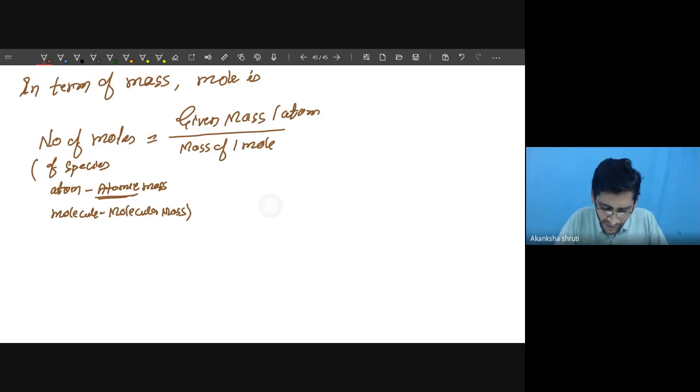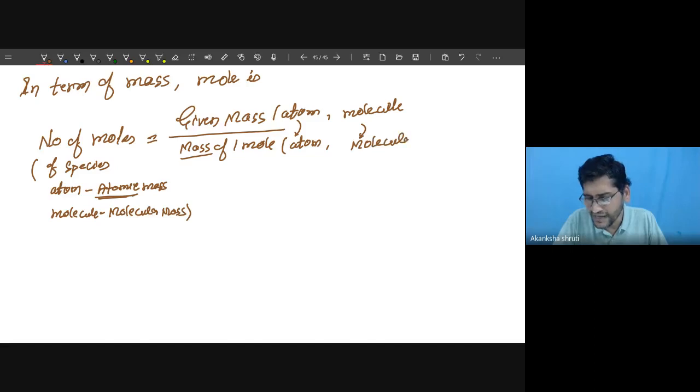If in the numerator it is the atom, in the denominator we shall take the atom. If in the numerator we are given the molecules, meaning the mass of molecules, then in the denominator we need to take the molecular mass. That means the mass of the molecule we need to take.